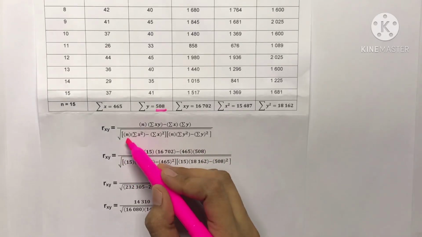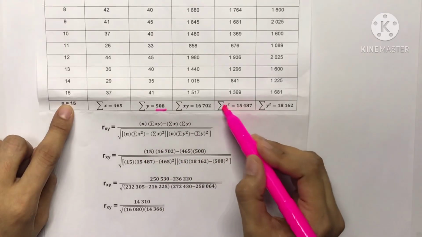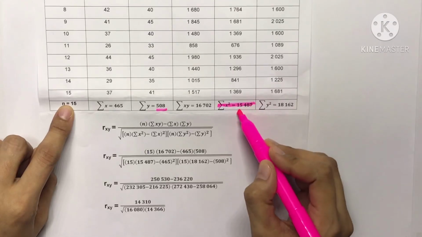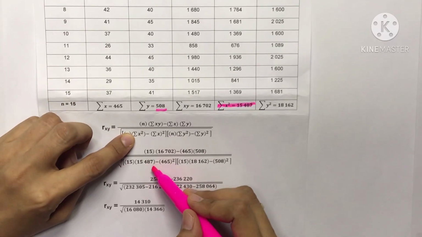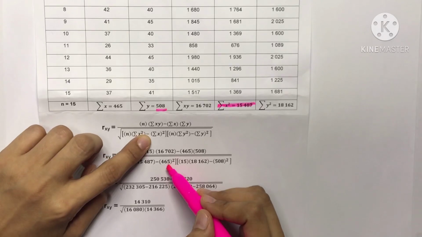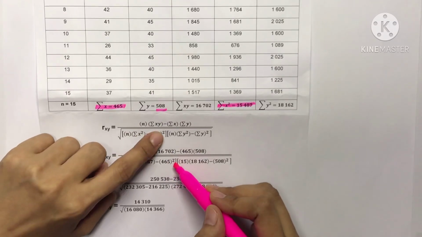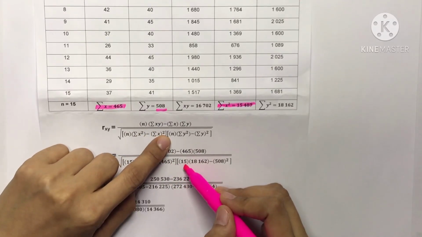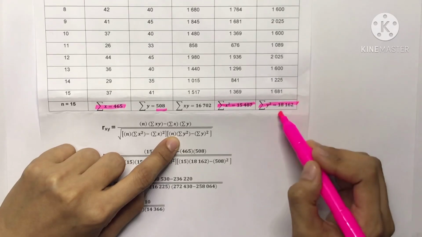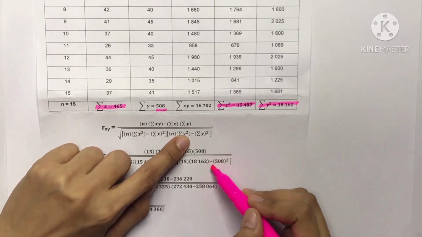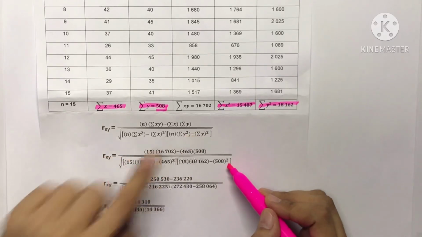So we have here n, which is 15, and then summation of x squared, which is 15,487, minus summation of x, 465, quantity squared, times 15, because our n is 15, times summation of y squared, which is 18,162, minus summation of y, which is 508, quantity squared.